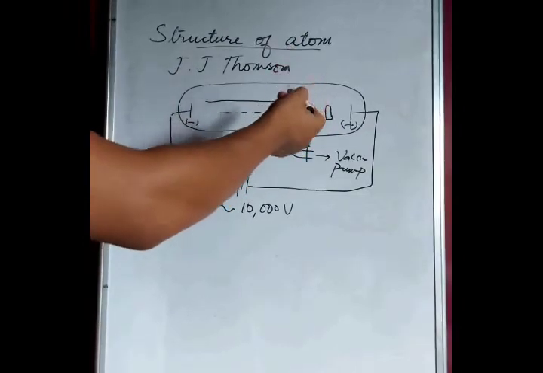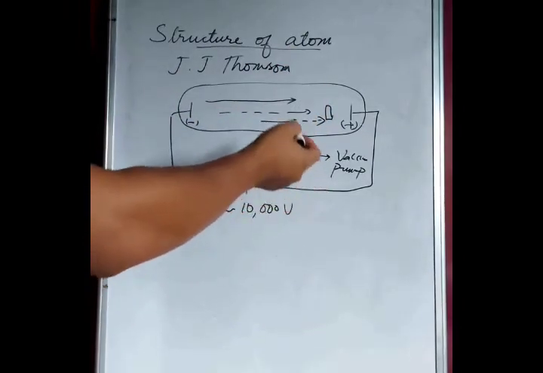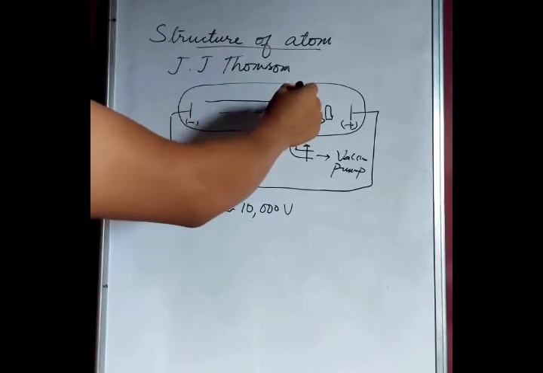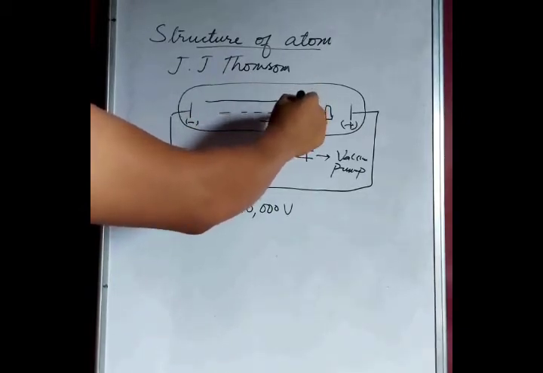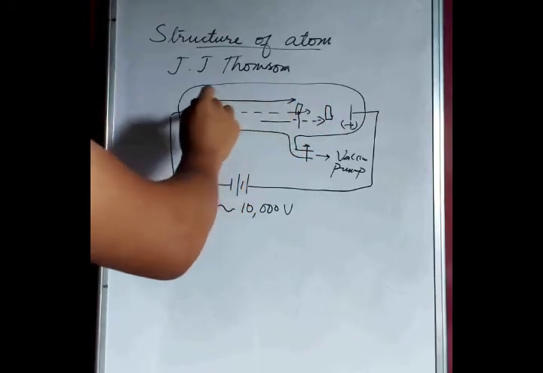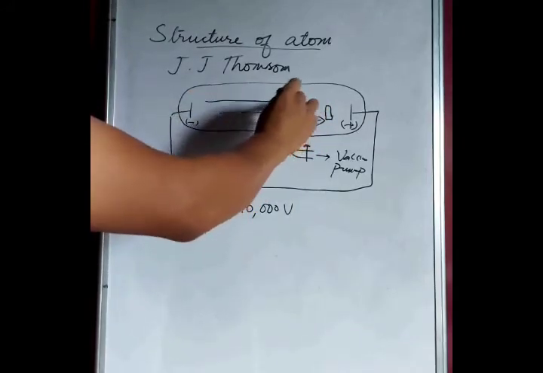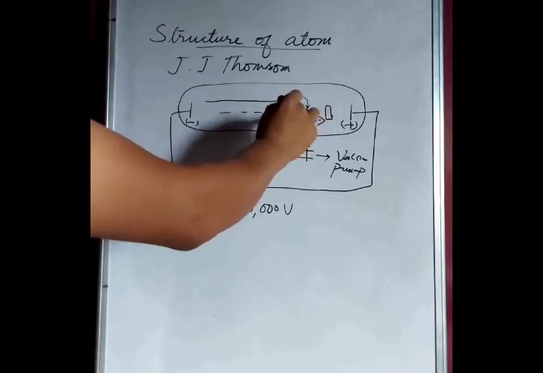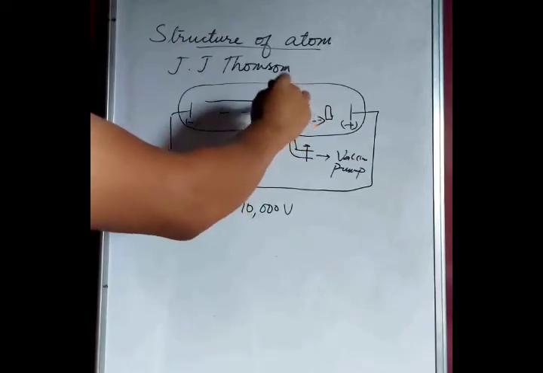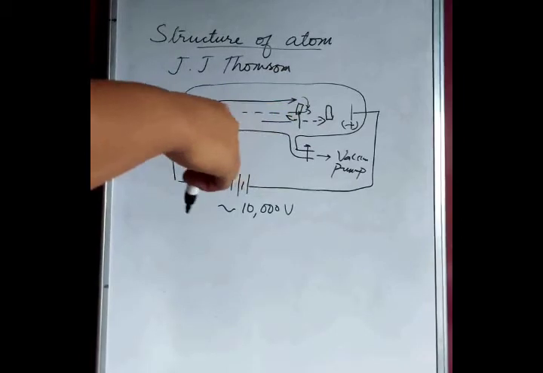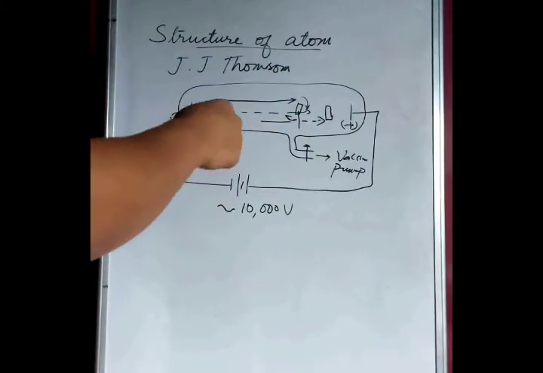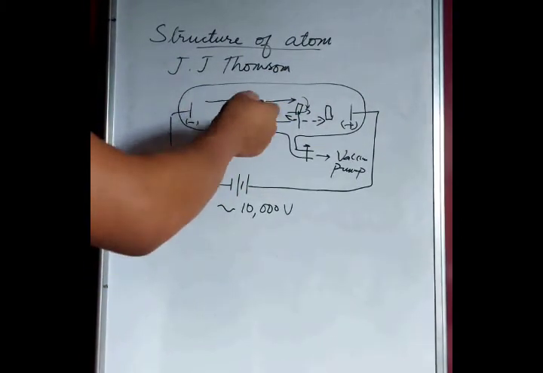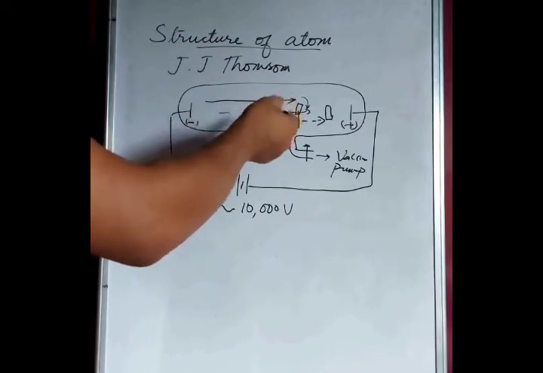They also showed mechanical effects, like if there is a simple toy or pulley which can rotate, then due to these rays the instrument would rotate. And these rays showed magnetic and electrical behavior.